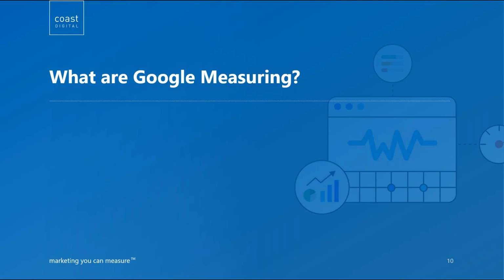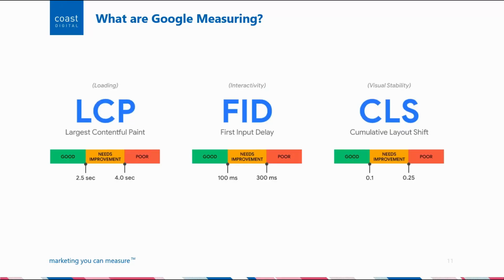Okay, so we're going to talk about what Google specifically are measuring right now, and this is where we start getting into some new terminology. The first is LCP, or largest contentful paint, and this is essentially the biggest element on the page. That might be your header image, or it might be a video, or it might be a big portion of text if you don't have a lot of images on your site.